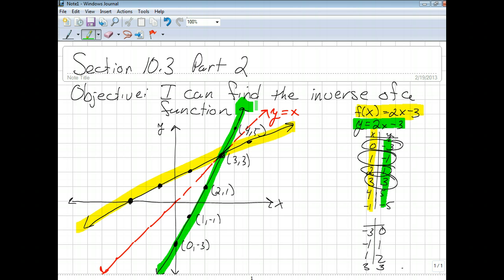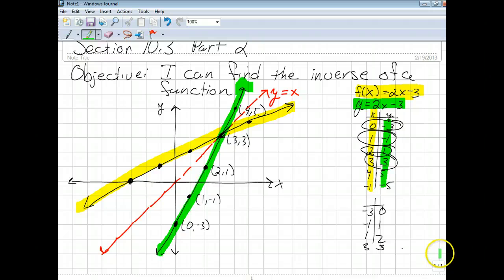And the way that I got that was by just switching the x and the y. So this yellow line is the inverse of the green one, and the green one is the inverse of the yellow one. We would say that they are inverse functions.